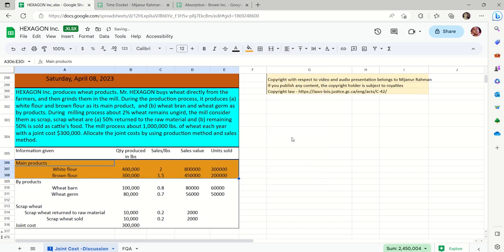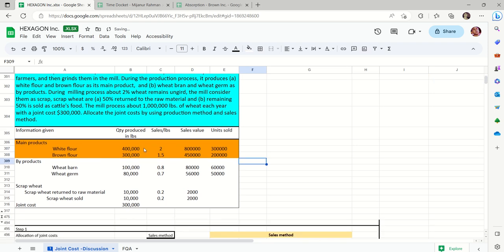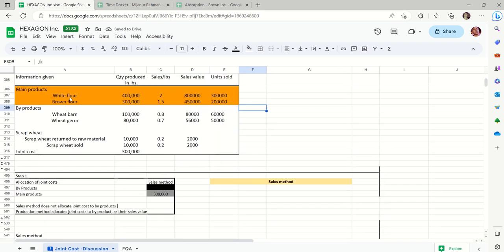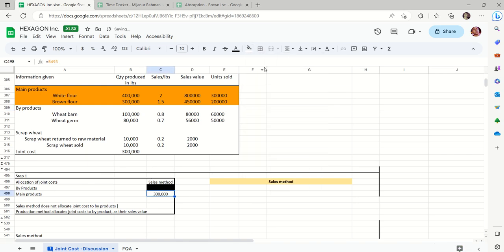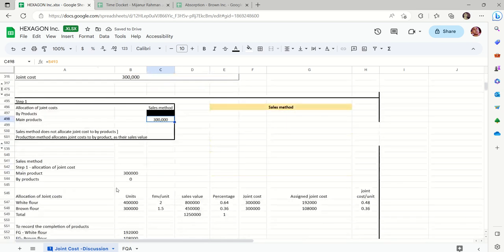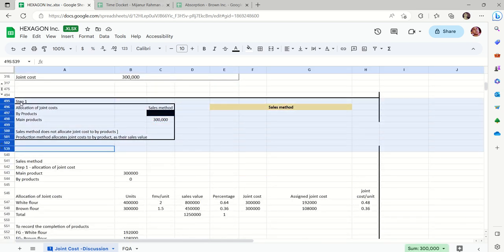We're working with these orange cells over here. I'm also going to hide this, you don't need that. We already found out what we need.